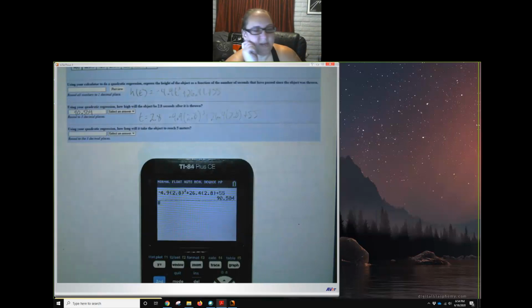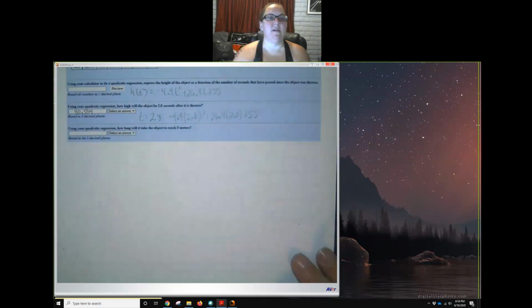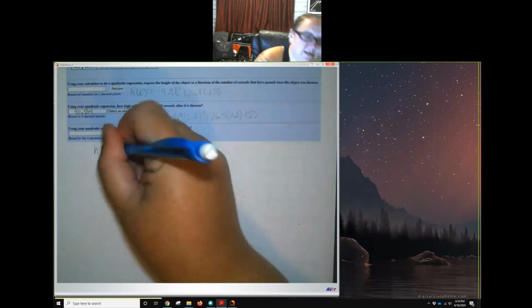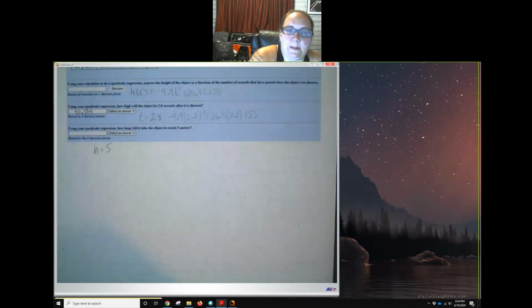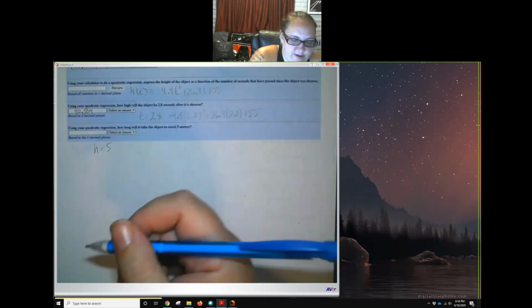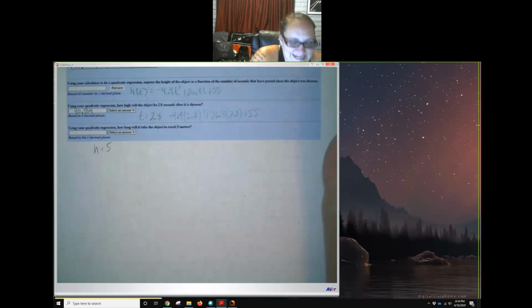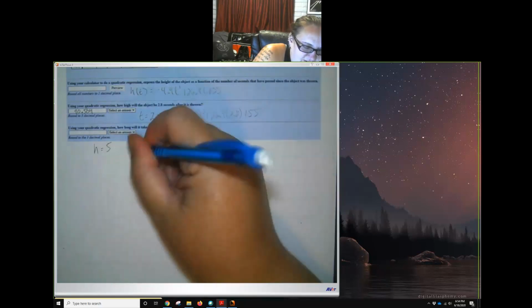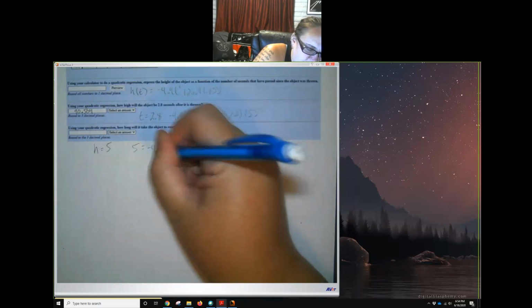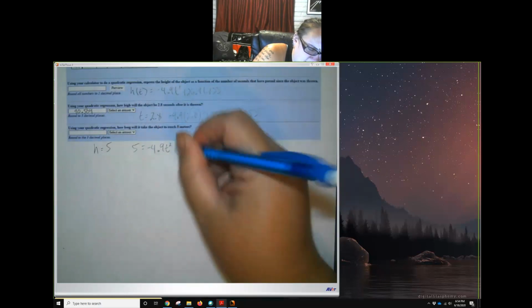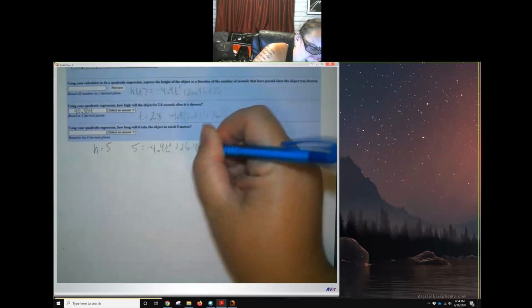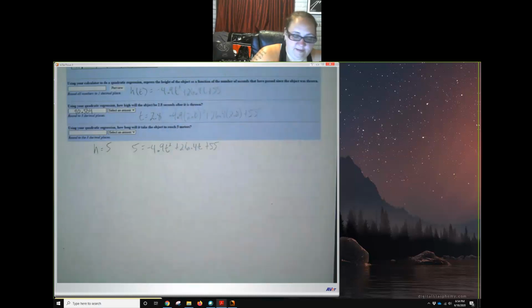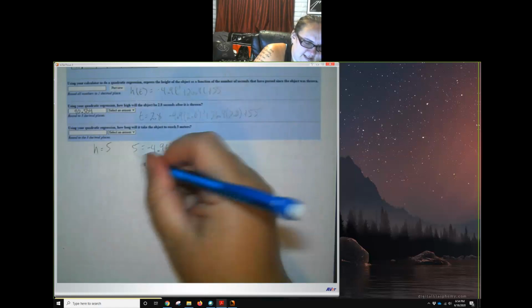And then last but not least for this one, how long will it take for the object to be 5 meters? So that means it has a height of 5 meters. So that would be 5 equals negative 4.9 t squared plus 26.4 t plus 55. I'm going to subtract the 5 from both sides.